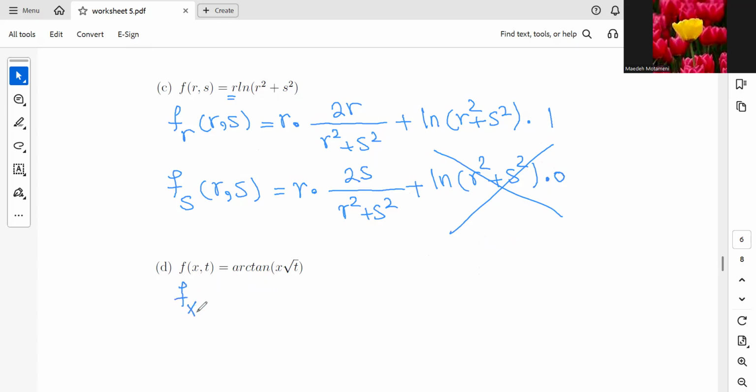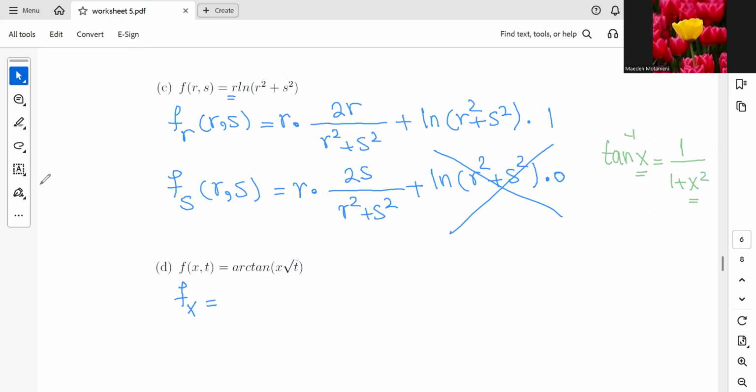derivative of f with respect to x will be, so this function here is arctan or tan inverse. So if it was just tan inverse of x, the derivative was 1 over 1 plus x squared. Since in here we don't have just x and we have an expression, we have to multiply by the derivative of that thing with respect to the variable that we are talking about.